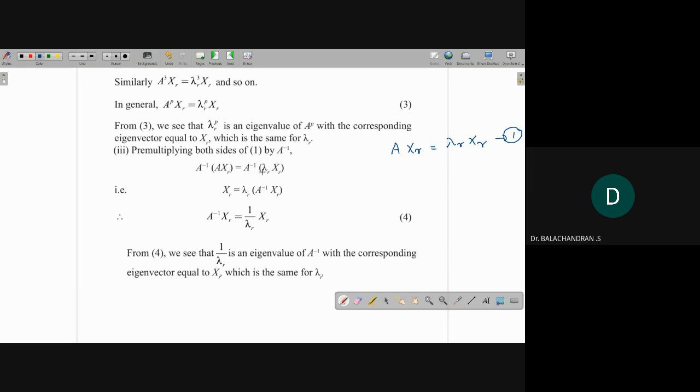Lambda r is a constant, so the right side is lambda r A inverse Xr. So A inverse Xr is equal to 1 by lambda r into Xr. This is equation 4. From equation 4, we see that 1 by lambda r is an eigenvalue of A inverse, and the corresponding eigenvector is Xr, which is the same as for lambda r.